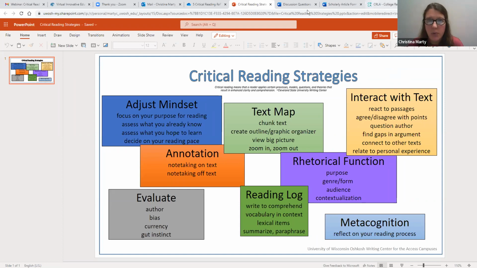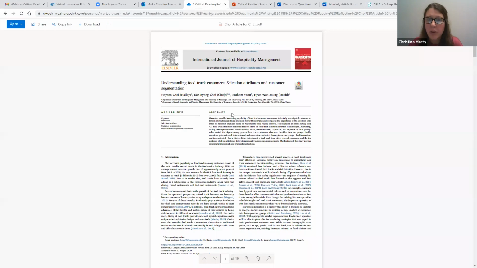So for example, when you're reading an article like this Choi article, I say to the students, what is your goal? And that brings up a discussion depending on the class and what the students are thinking. They might say, well, I don't know, the teacher assigned it. Okay, true, but what do you think the instructor, the professor, had in mind for you? And then it really gets them to think through that.